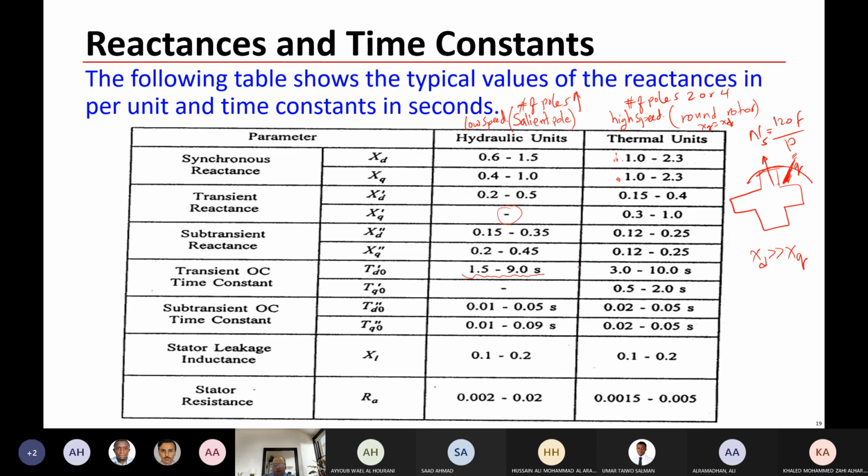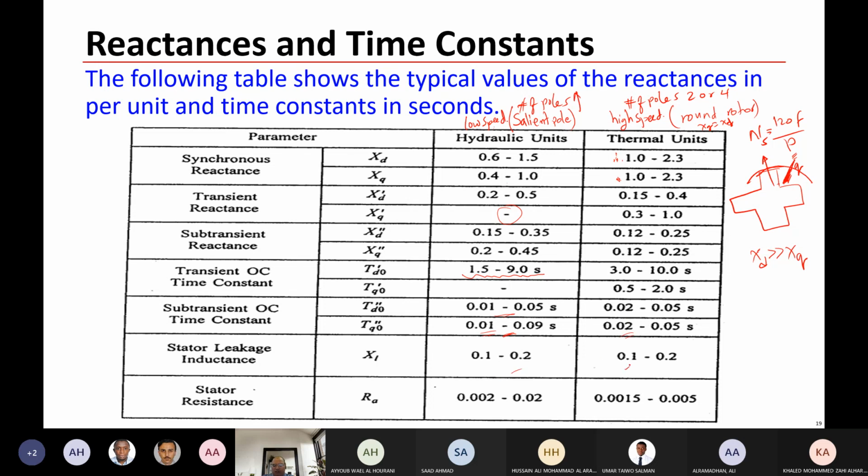So slow response in the field winding, typically 6 to 10 seconds for the field winding to respond. This is the time constant for the damper winding. The damper winding is very, very fast, appears only in subtransient period. So the time here is very, very small.